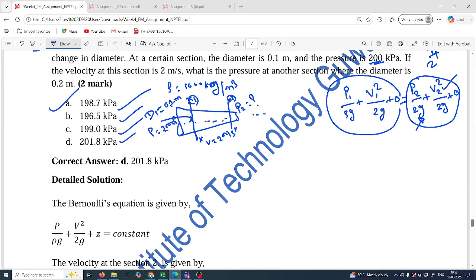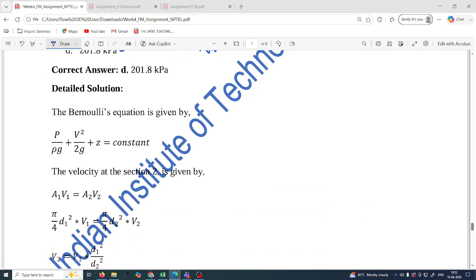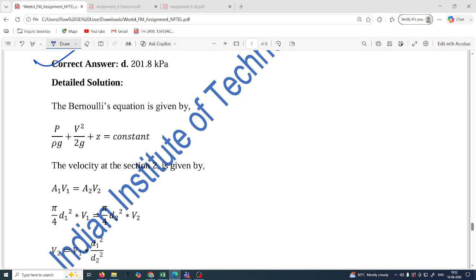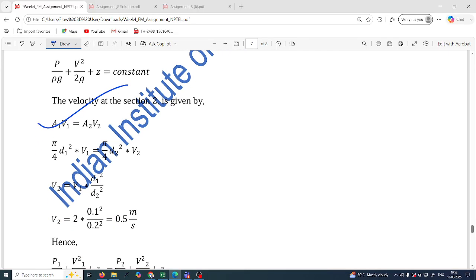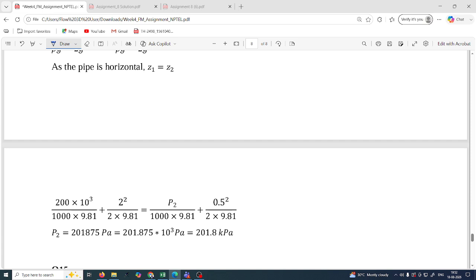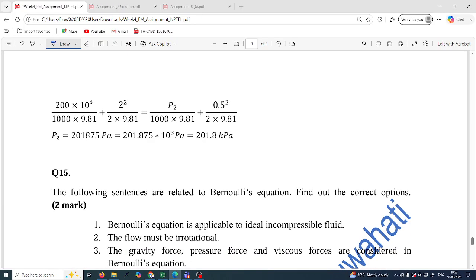Hope you understand the concept, how we approach such a type of question. So option D is correct here. You can calculate very easily using a calculator. The same thing: you need to first apply the continuity equation, then after getting the velocity you need to apply the energy equation, that is the Bernoulli equation. So hope you understand. This is the last question for today's class.